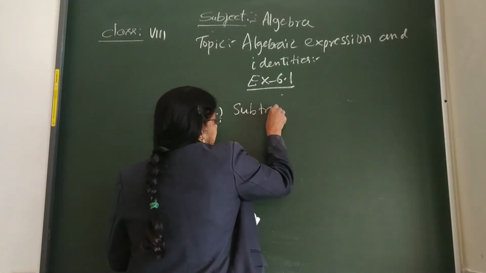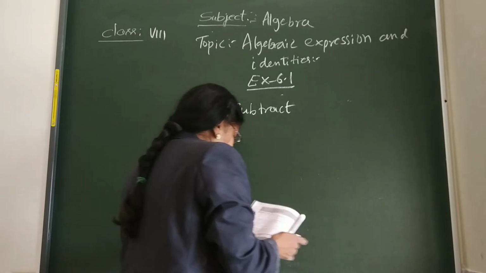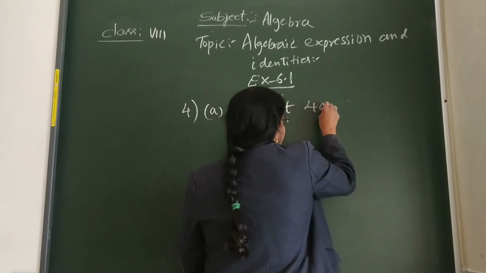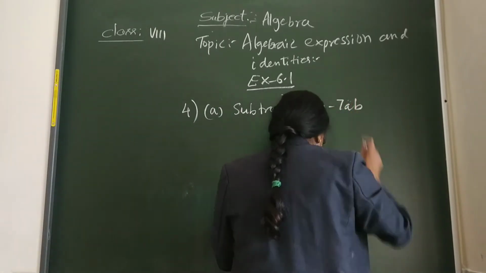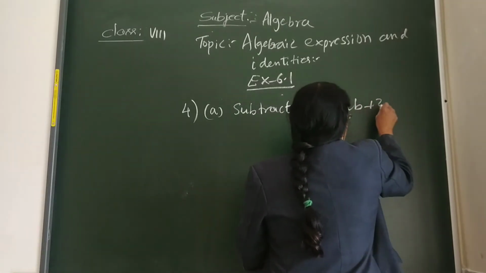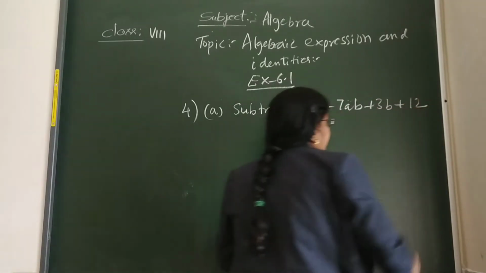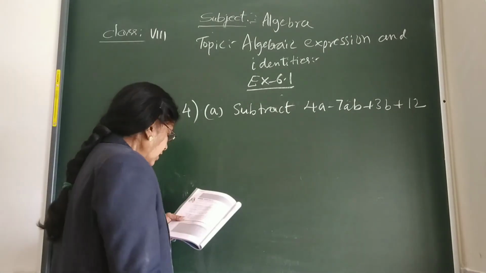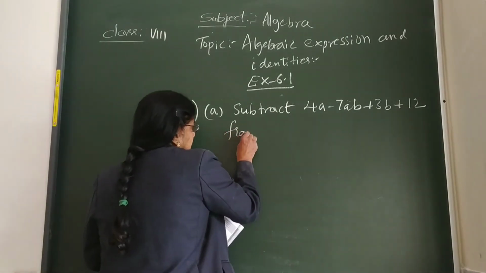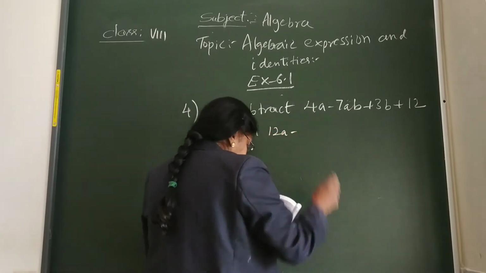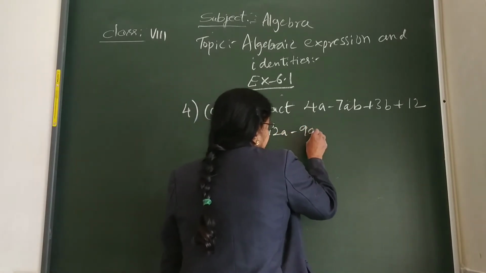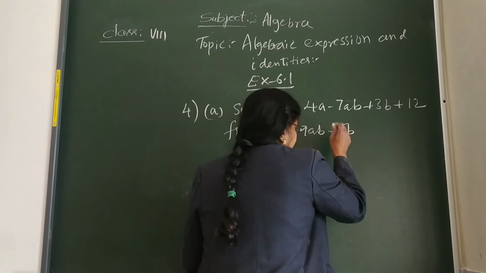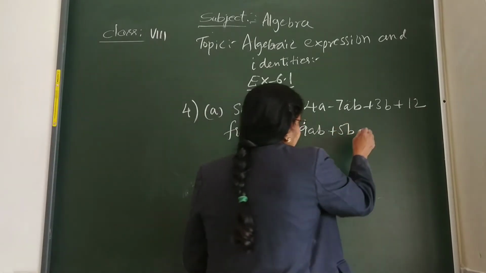Subtract 4a minus 7ab plus 3b plus 12 from 12a minus 9ab plus 5b minus 3.